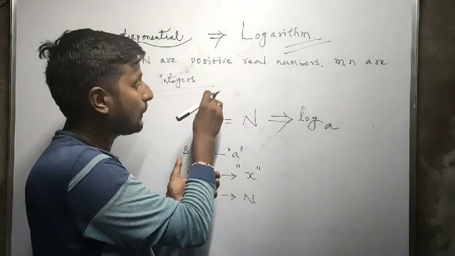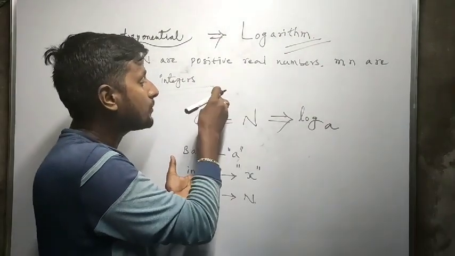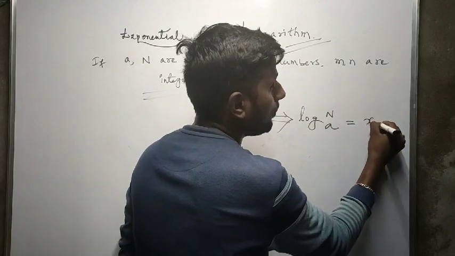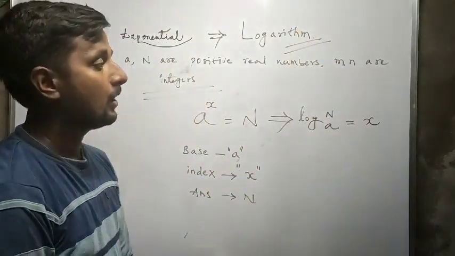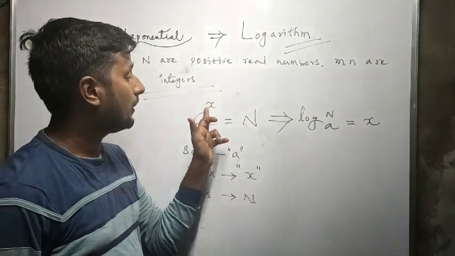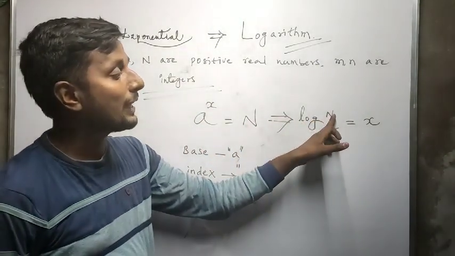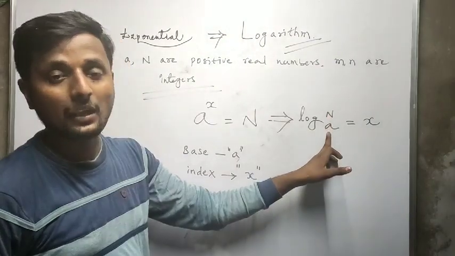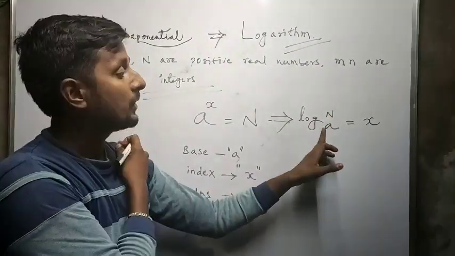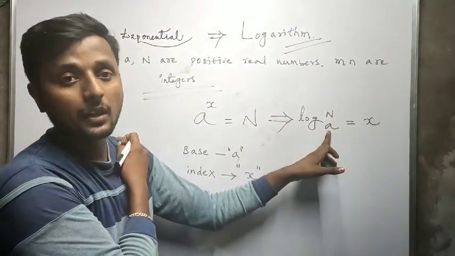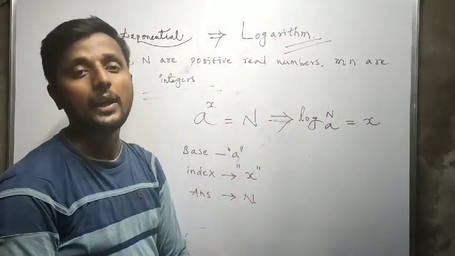That means x comes here and n goes to the x place. Now we'll write n, that is equal to x. So a power x is equal to n implies log n to the base a is equal to x. That is the way of reading.